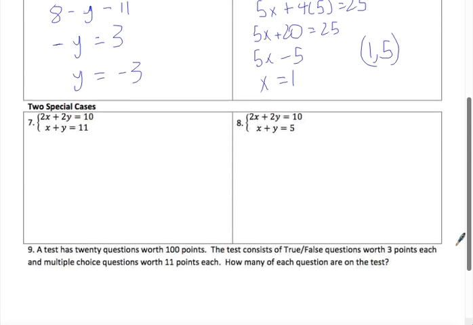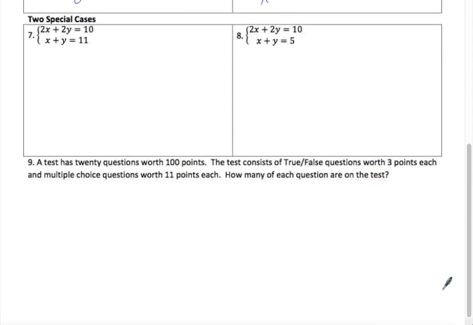Lastly, we're going to look at two special cases of systems of equations and then a word problem. So in this one, first of all, this is a good one for elimination because we have x plus y equals 11 and 2x plus 2y equals 10.